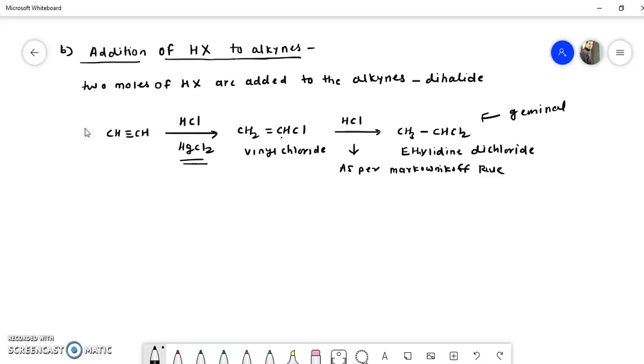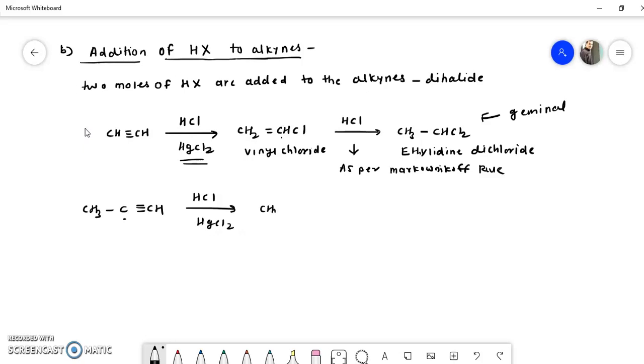Now in case of higher alkynes, suppose I take CH3, C triple bond CH as a starting material, then in this case both the HX molecules will add as per Markovnikov addition. If we have to add HCl to this, then we know chlorine will go to this carbon because this is having less number of hydrogen.